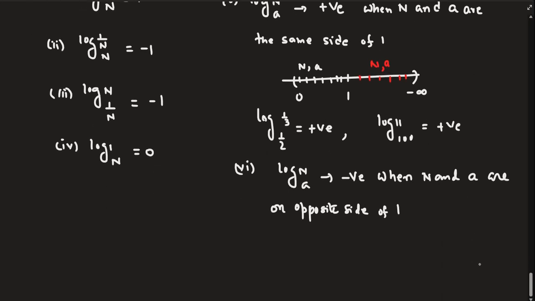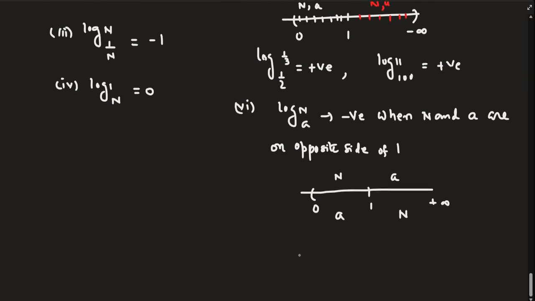With 1 here, 0 and infinity, if n is here then a should be here, or if a is here, n will be here. In that case the value of the logarithm is negative.